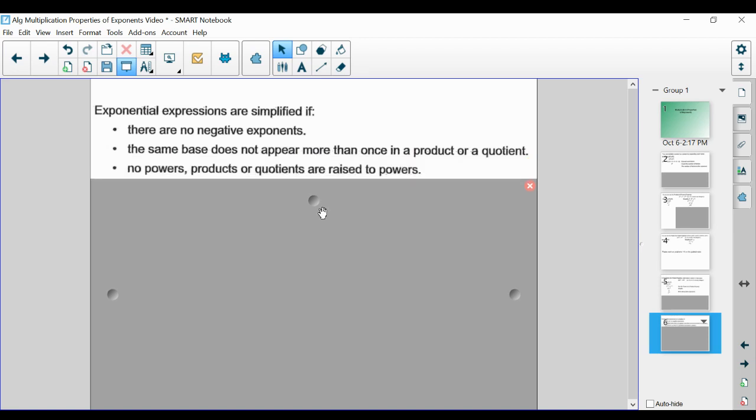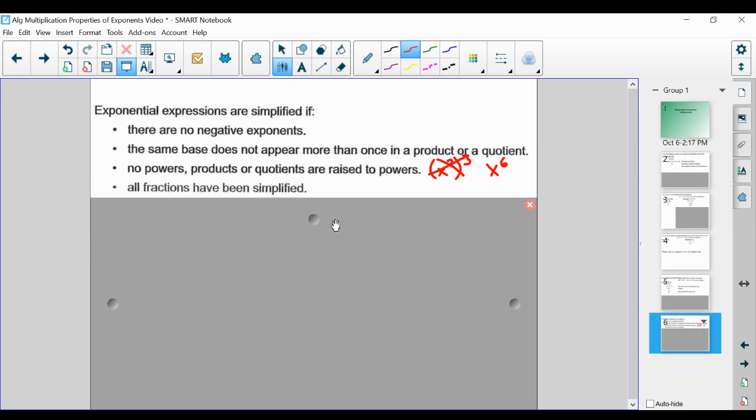We don't want to have powers, products, or quotients that are raised to powers. We don't want to have x squared getting raised to the third power. That is not simplified, because we can simplify this as x to the 6th.